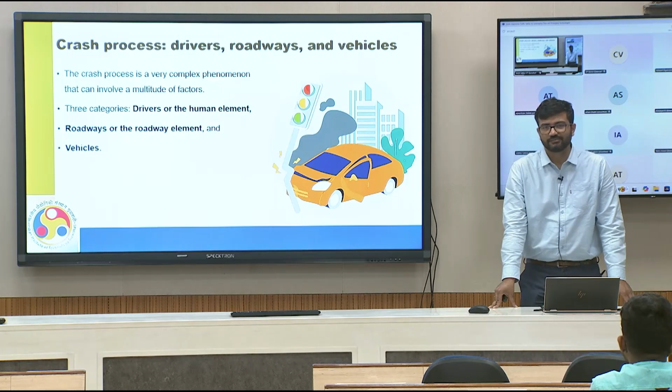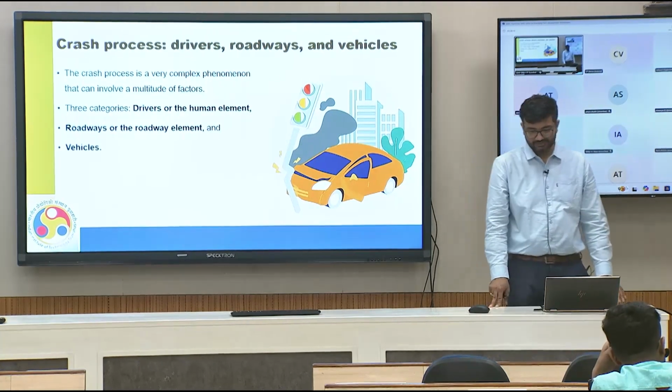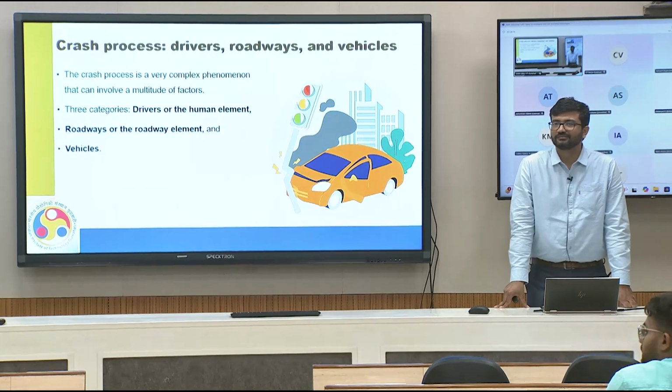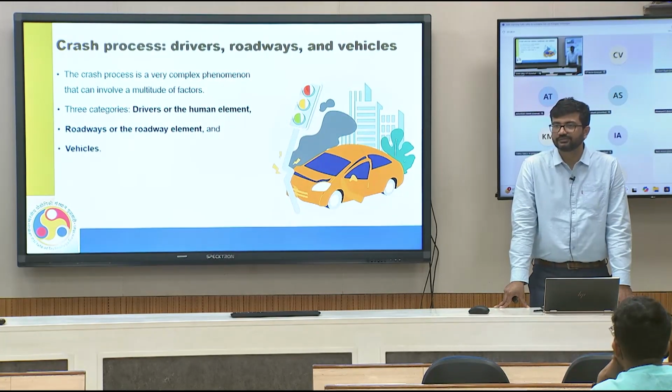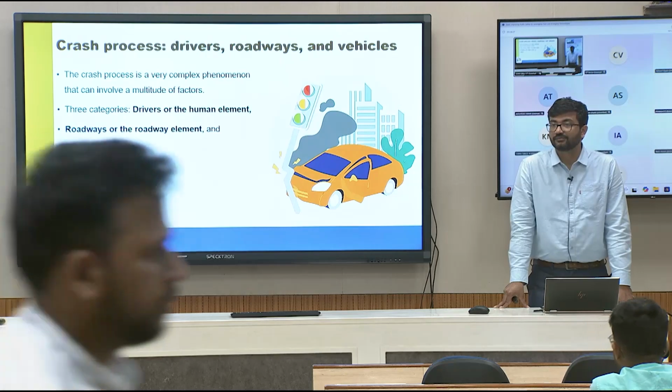Basically reaction, right? PIV is basically talking about the reaction. Health condition, all right. What else? Driver distraction. State of mind of the driver.